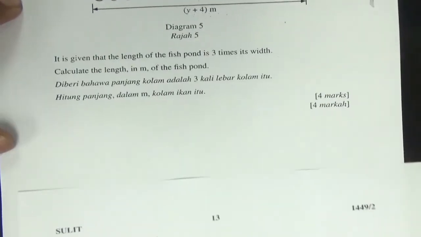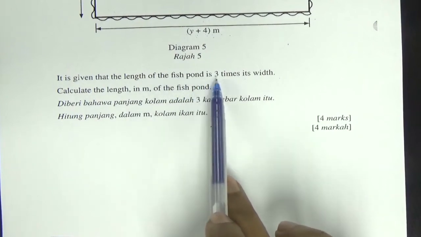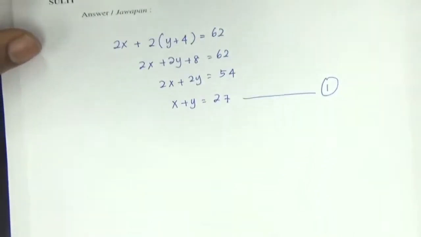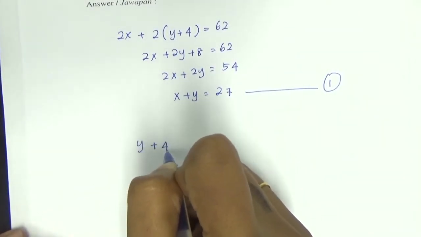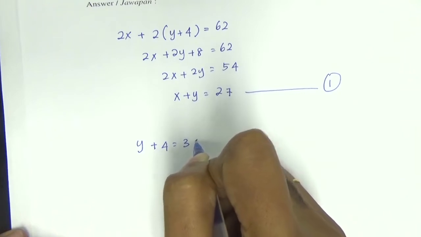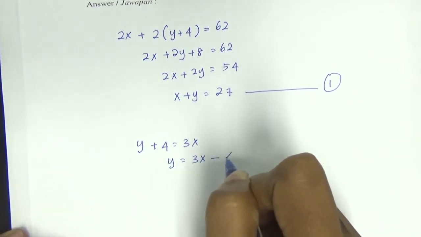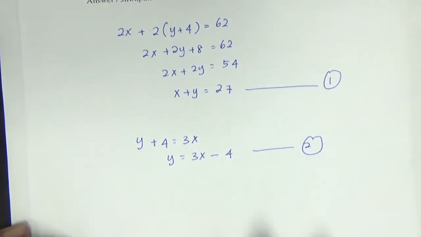Next, the length of the fish pond is 3 times its width. So we can write down this as y plus 4 equal to 3x. So y equal 3x minus 4. So this is the second equation.